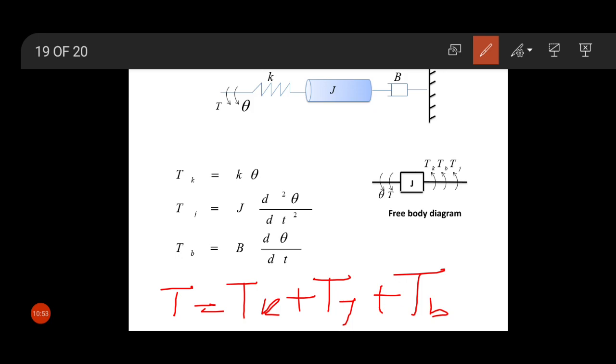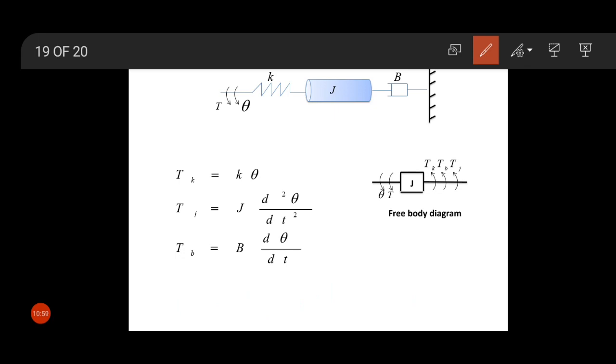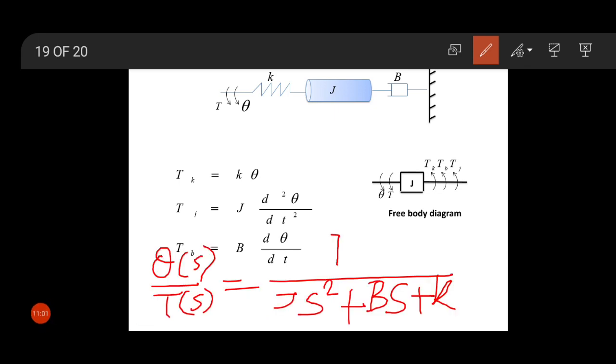So what will be the transfer function of this mechanical system? See, this is the transfer function of this rotational mechanical system.